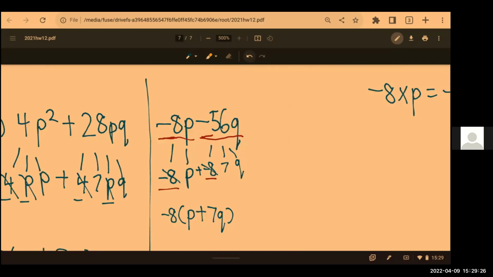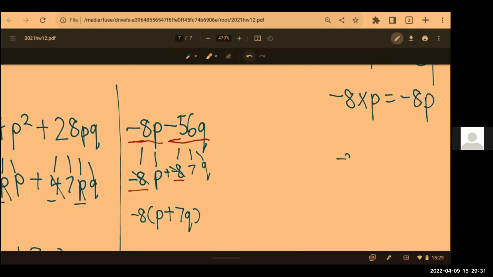Can you write this minus 8p times minus 56q? I say times, right? In between is times.